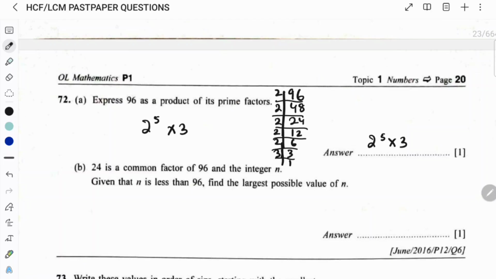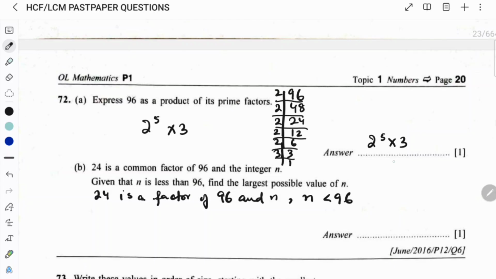So 24 is a factor of 96 and n, and n is less than 96. So n must be a multiple of 24 also. We'll have to look in the 24 times table in this question, for the numbers coming in the 24 times table.